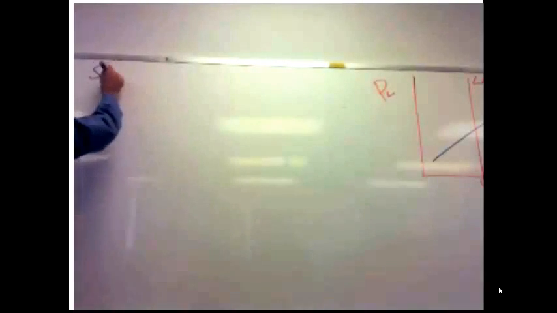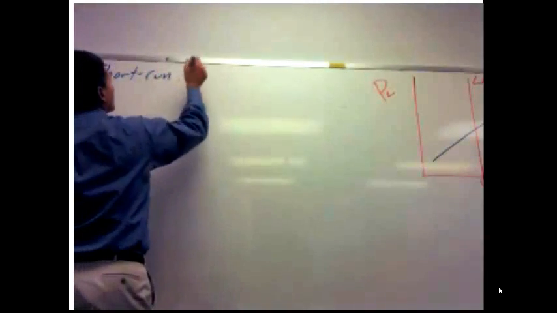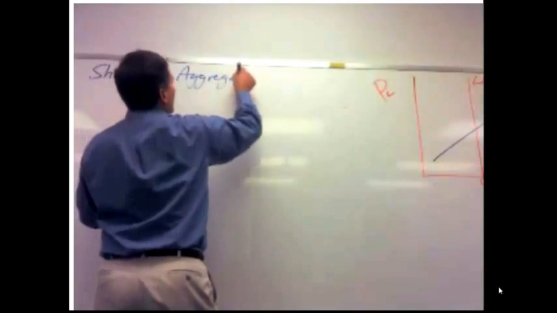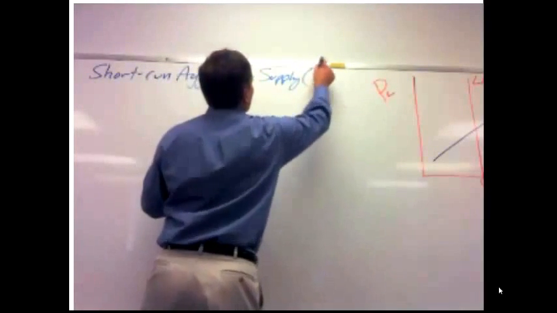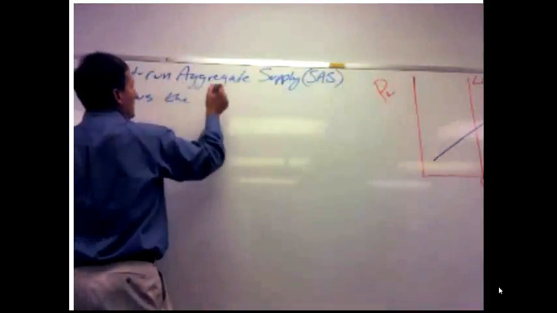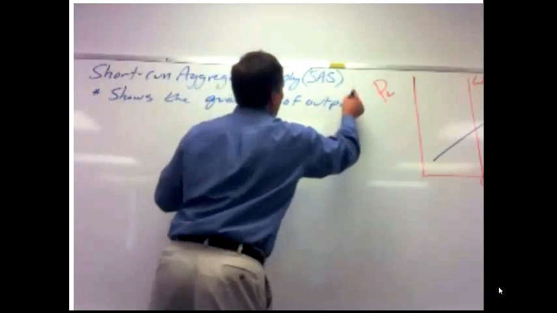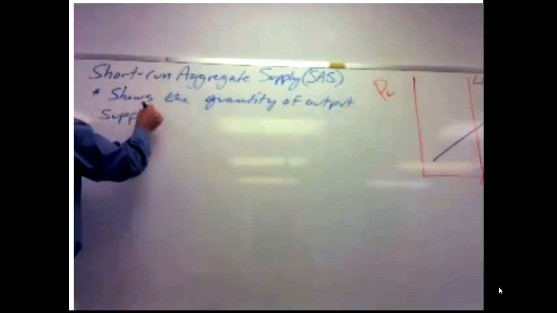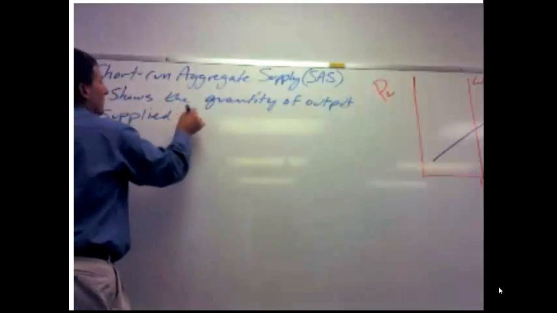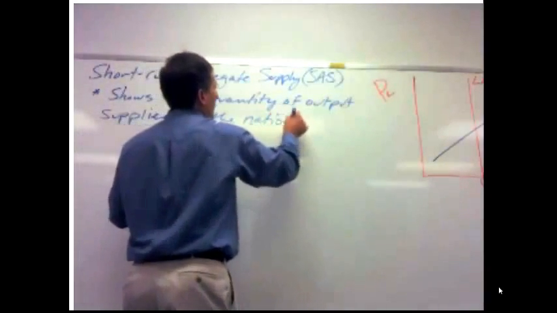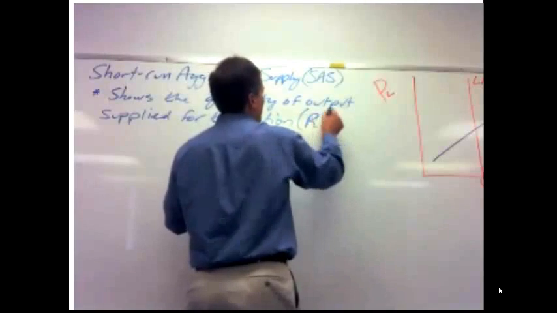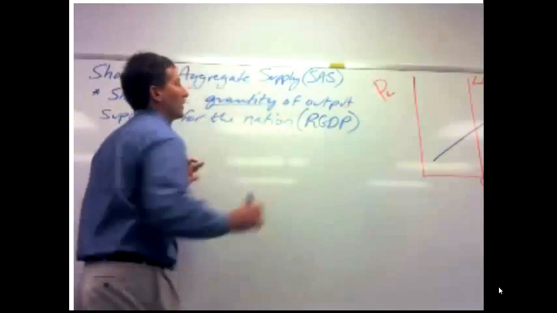All right. Short run aggregate supply shows the quantity of output supplied for the nation, or the economy, which is real GDP. I just want to highlight quantity.